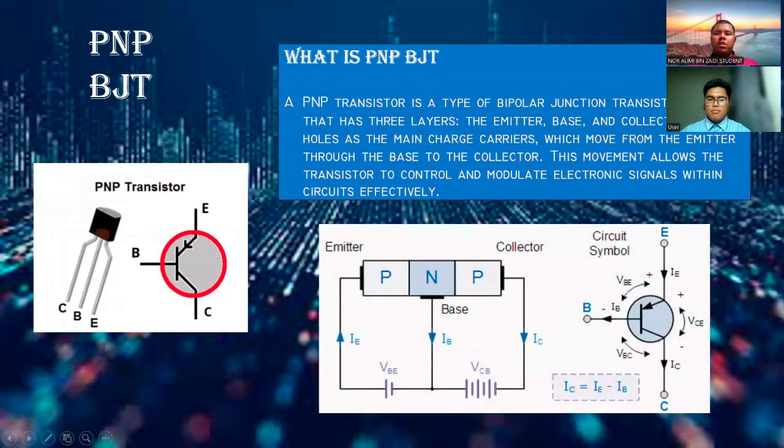A PNP BJT is a type of bipolar junction transistor that has three layers: emitter, base, and collector. It uses holes as the main charge carrier, the P type, which move from the emitter through the base to the collector. This movement allows the transistor to control and modulate electronic signals within a circuit effectively.